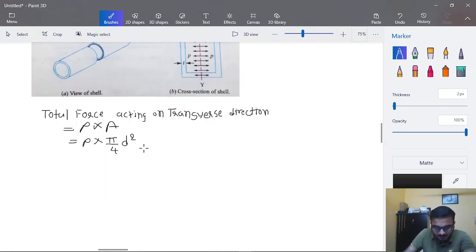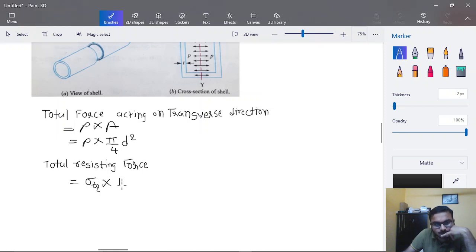Now again there will be the resisting force that will come into picture, which is equal to sigma T2 into pi dt.